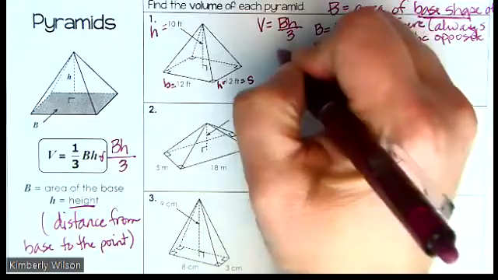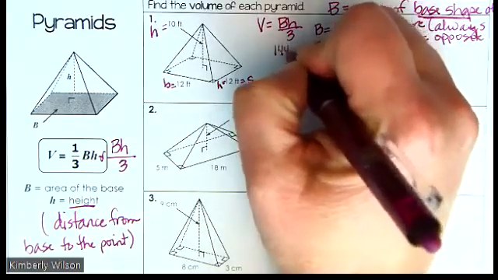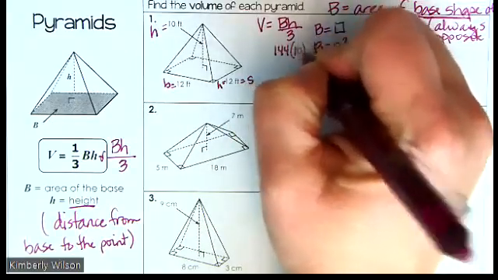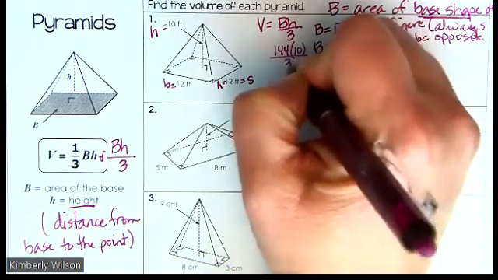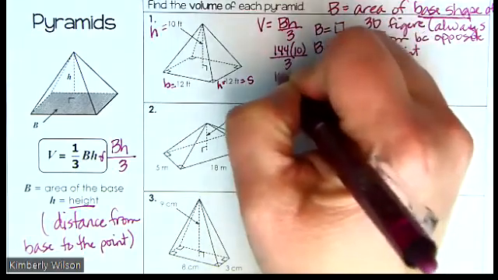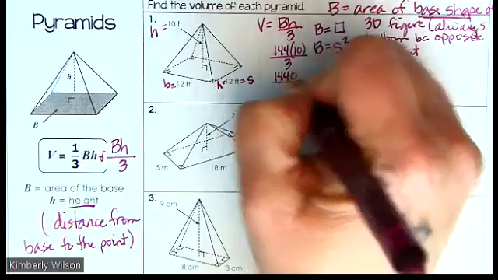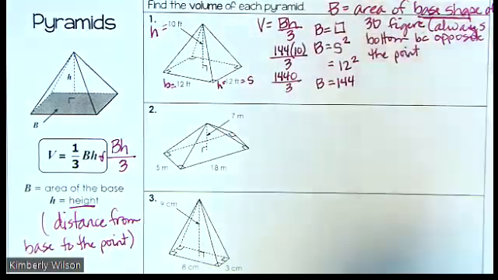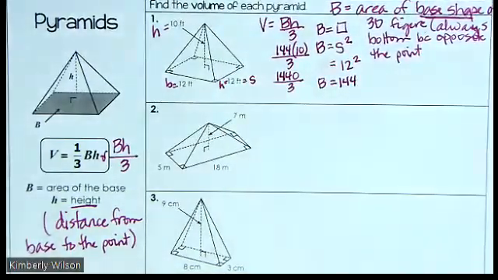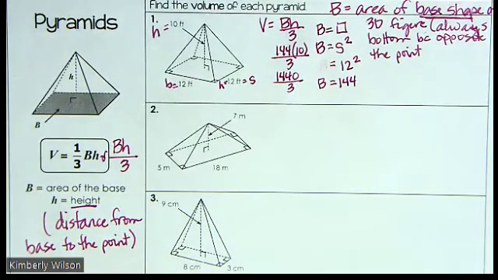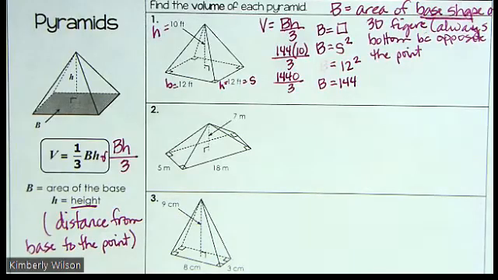Okay, so now we plug in and we have 144 times 10, all divided by 3, which is going to give me 1440 divided by 3. And then we get a handy dandy calculator, but you just have to write it before you type it, which is what we're doing.